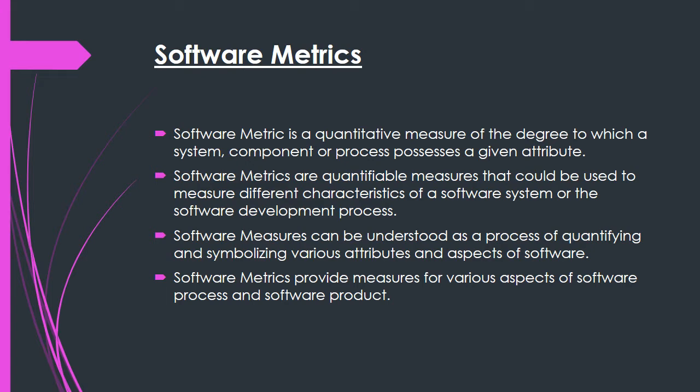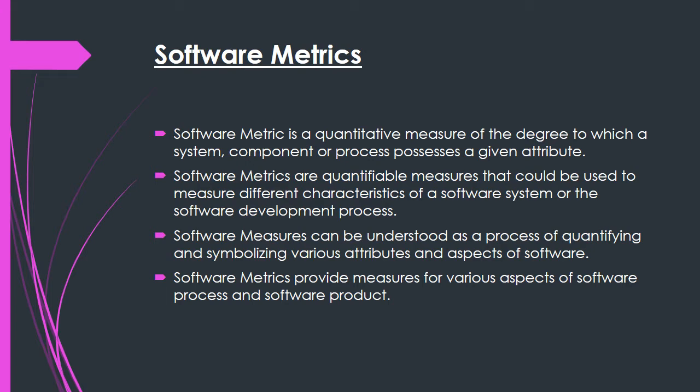or they will measure the planning work items, or the productivity of the system, and what will be the reliability. So all these things are measured with the help of software metrics, and therefore it is a very important activity in a software development process.